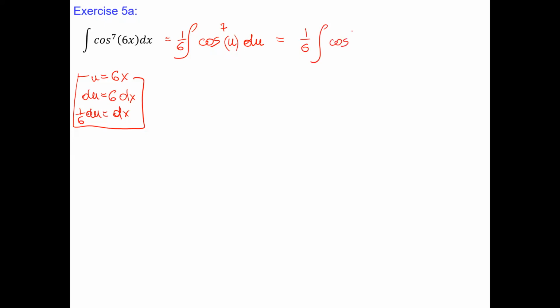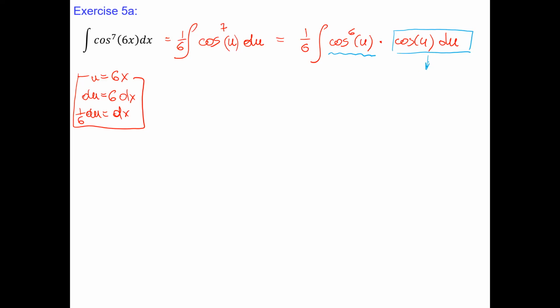That means we will rewrite as cosine of u to the power of 6 times cosine of u du, a single one. It will be a little bit crazy, but let's do it. We may think the formula is supposed to be rewritten in terms of sine, because the derivative of sine is cosine.